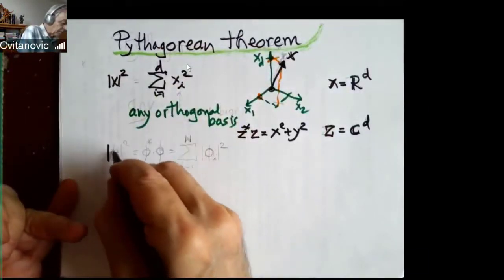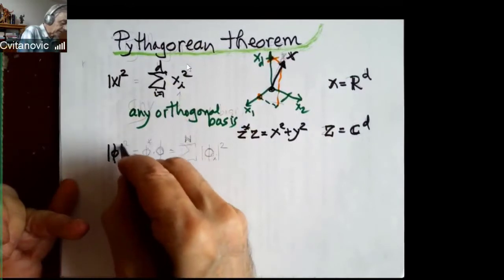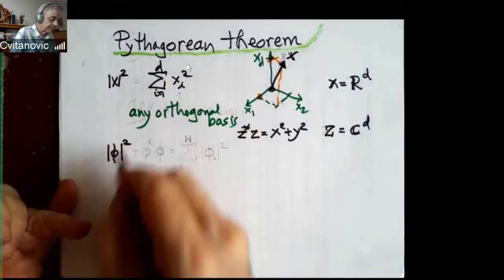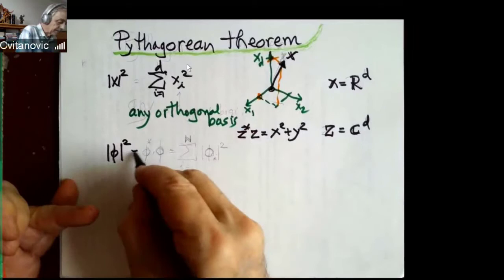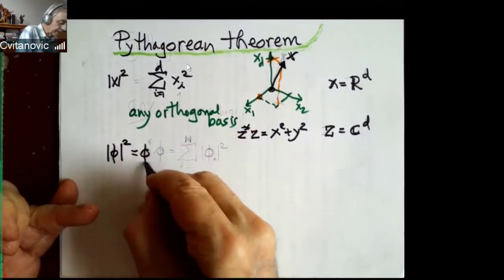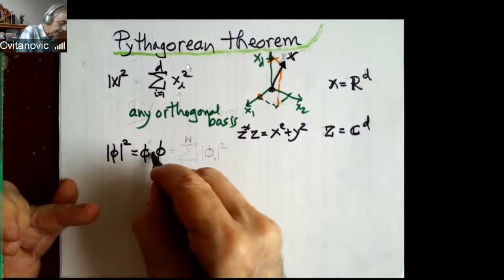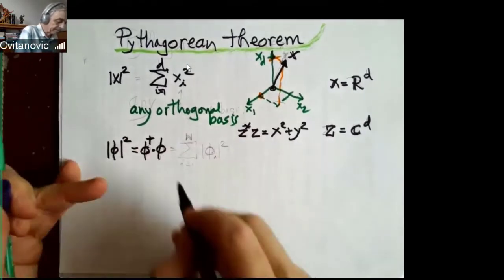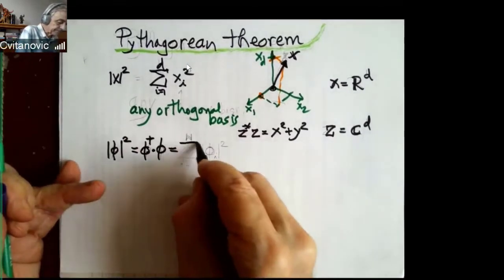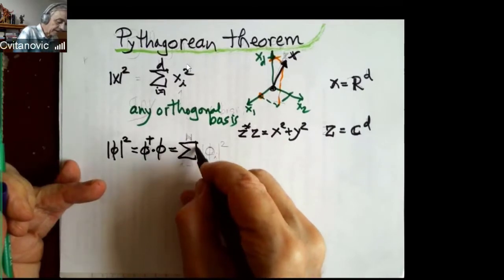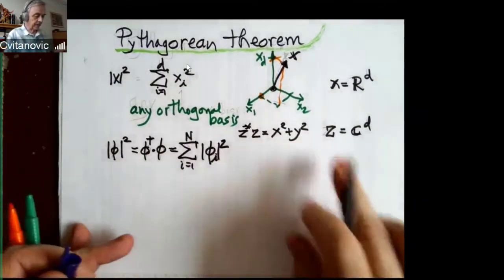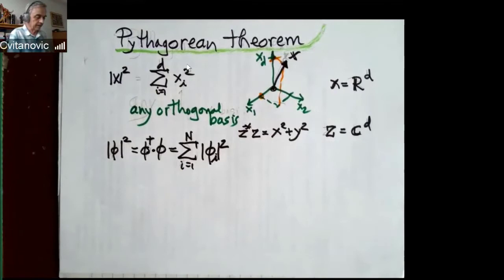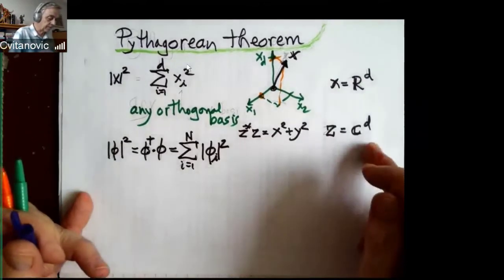And if you have a complex field, a wave function, some set of complex numbers, which you compute by taking the complex vector and dotting it by its Hermitian conjugate, this again is just the sum of the magnitude squared of each component.